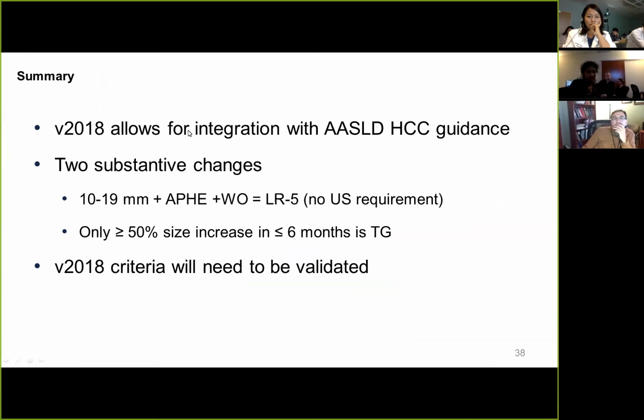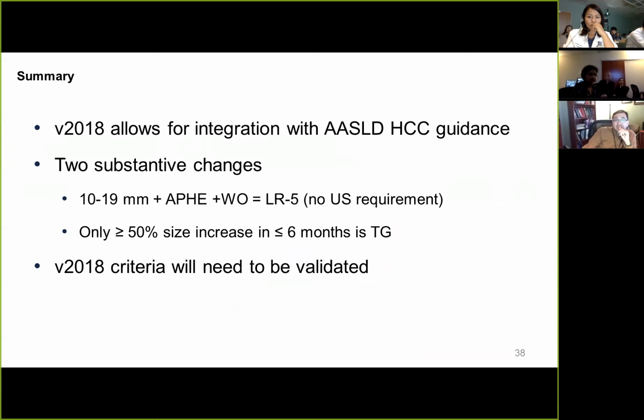All right, so just to summarize, the reason v2018 came out is because now LI-RADS is completely and fully integrated with AASLD HCC guidance, which is a huge breakthrough and will make LI-RADS a much more uniformly, universally accepted and used system. In order to do that, we had to make two substantive changes.